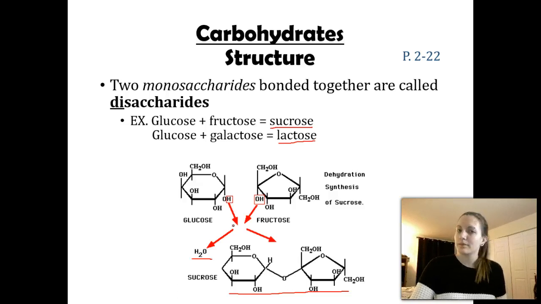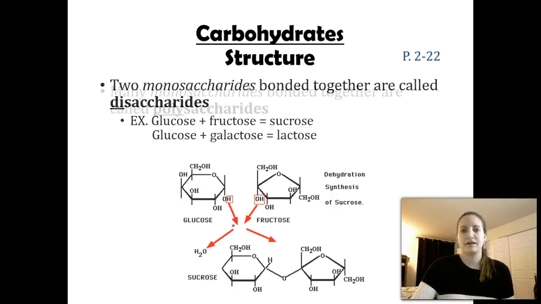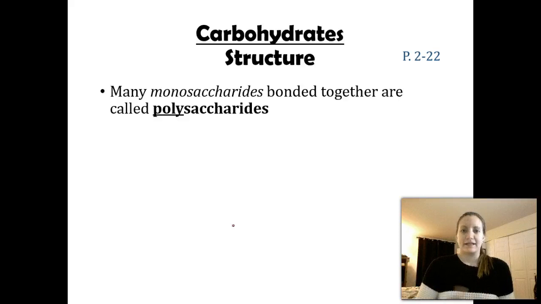Now finally, you can probably guess what multiple monosaccharides is. It's a polysaccharide, just like the word polymer. So if you have many monosaccharides together and they're bonded to each other, you're going to create a polysaccharide, meaning many sugars. Now we've actually already talked about all of these polysaccharides that you need to know.